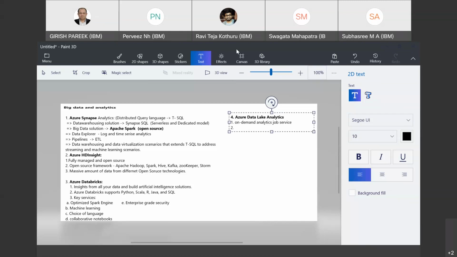Normally your SQL does not support that, but with USQL, you will be able to process your big data solutions.